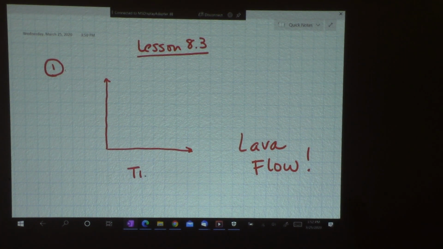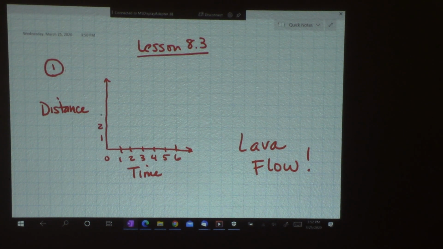So on the bottom, we're going to have time. And on the top, we're going to have distance. Okay? And this is miles per hour. Can you imagine that? They've had eruptions where the lava flows very slowly, but I'll tell you what, it destroys everything in its path. So go ahead and draw this.